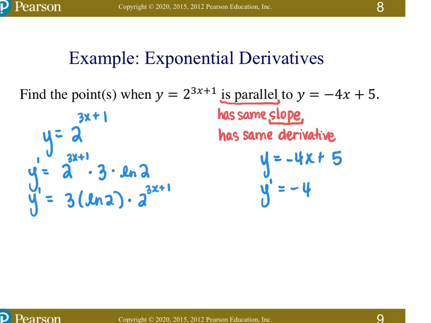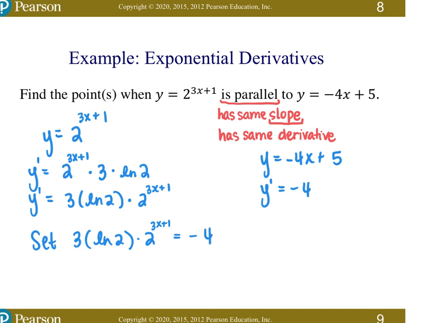Now we want to find out where these two derivatives are the same. And so we have to set them equal. So we set 3 times ln 2 times 2 to the 3x plus 1 equal to negative 4. And this is really too difficult for us to solve by hand.